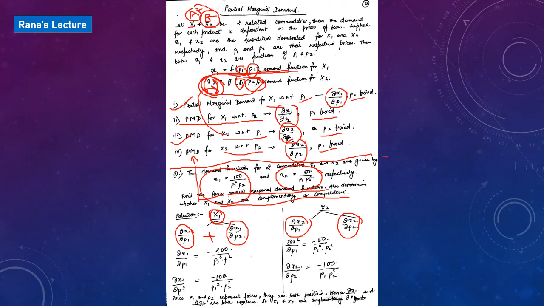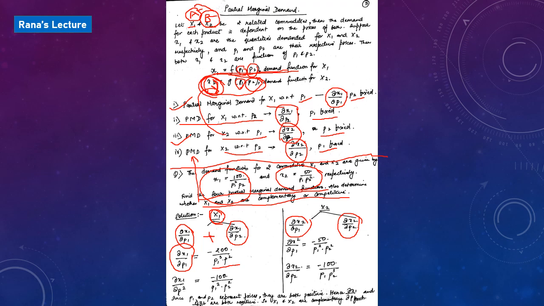Now we differentiate it. Delta X1 by delta P1. So what will be the answer? Minus 200 by P1 cube into P2 square. You have to differentiate it. Right? And delta X1 by delta P2 is equal to minus 100 by P1 square into P2 square.